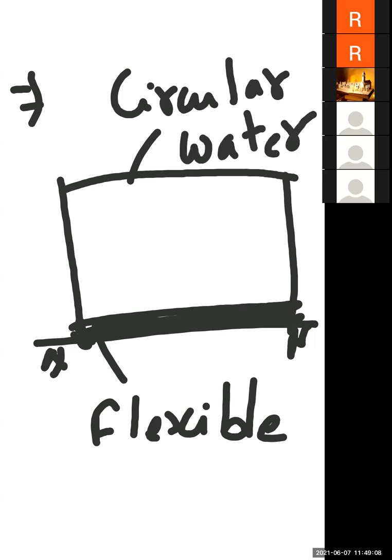In that case, we use four different methods to design a circular water tank.